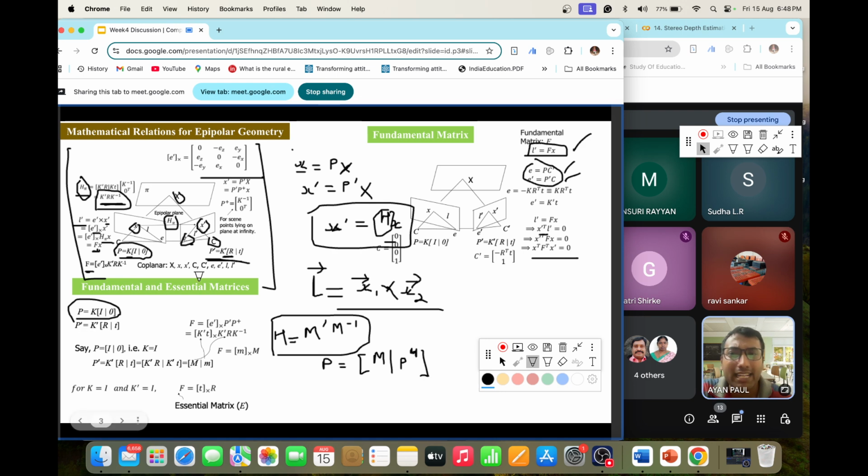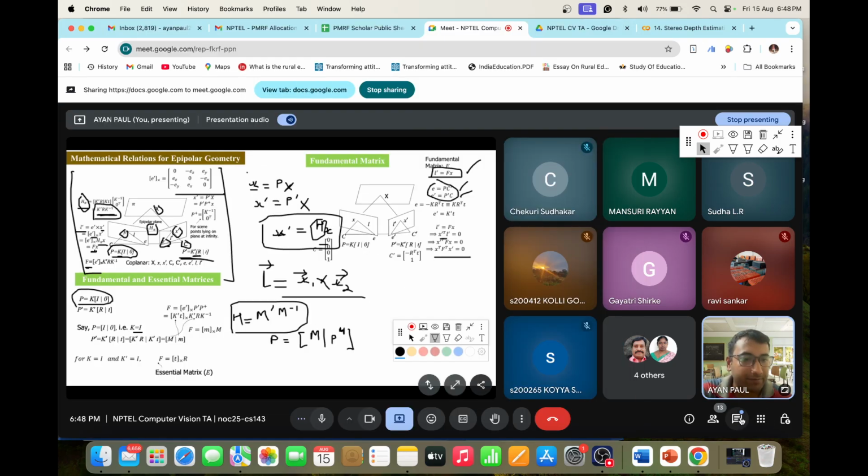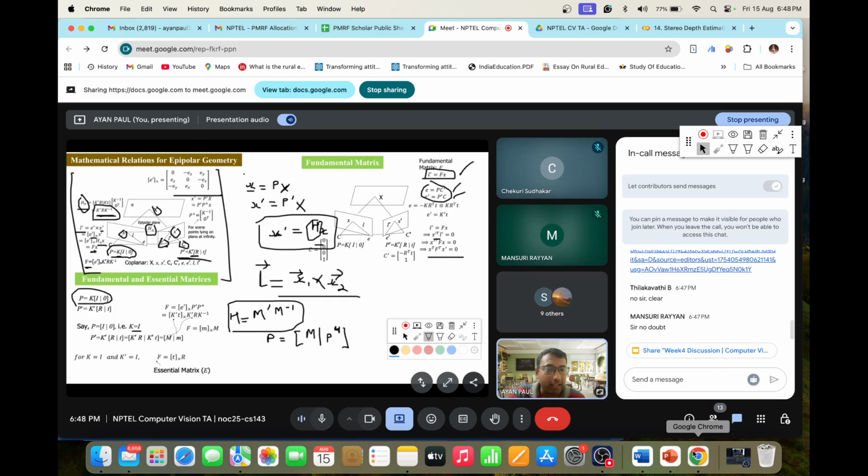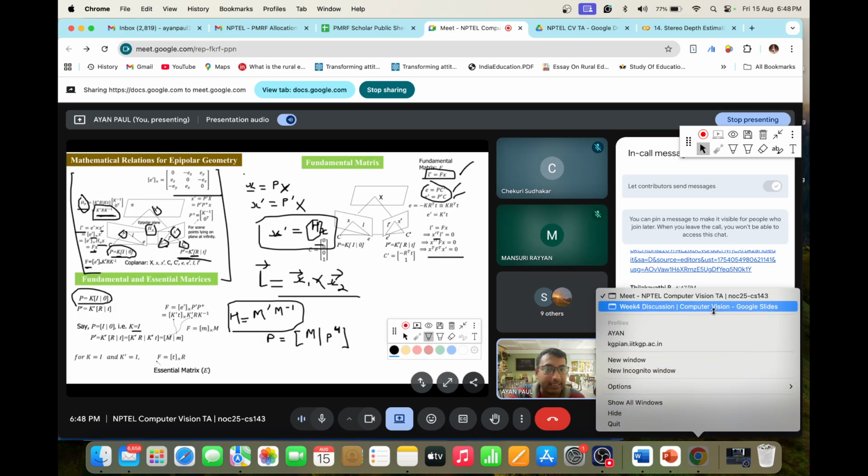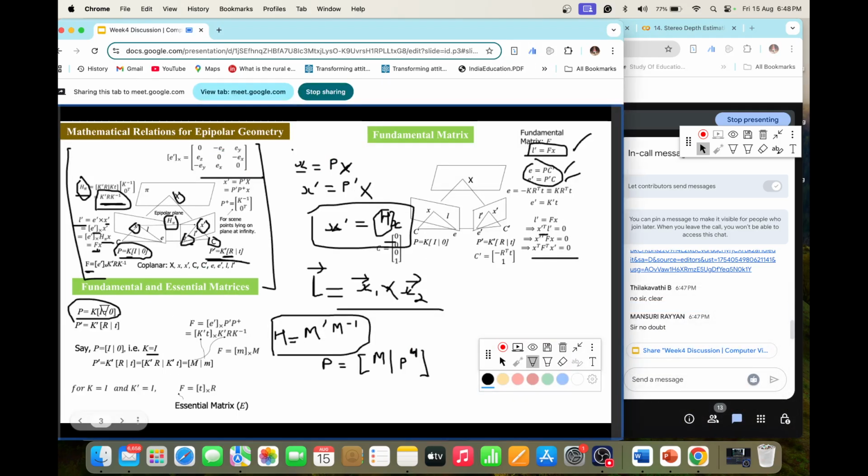P dash is given by K dash [R T]. Now let's say that K equals I. That means we don't have any intrinsic left camera matrix. We don't have K, but in place of K we have I.